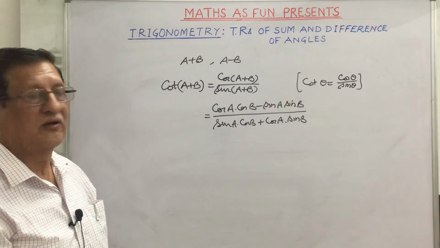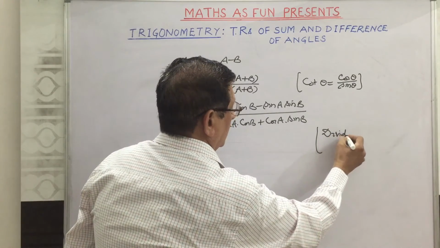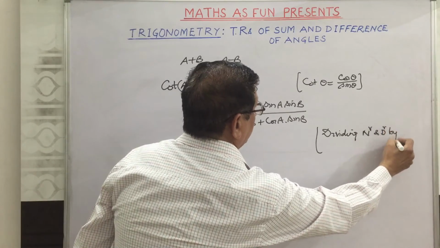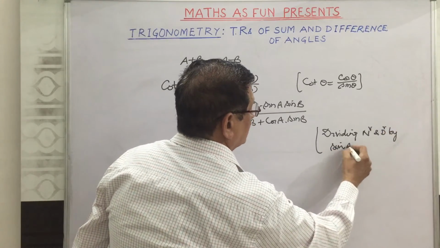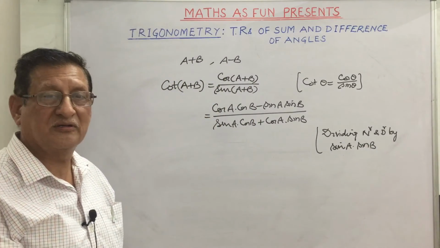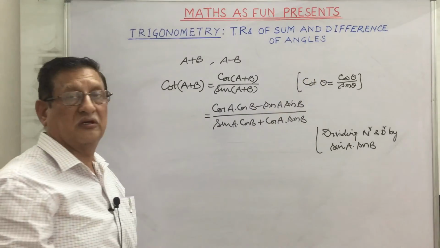And this time we will divide both numerator and denominator by sin A into sin B. And you can understand the reason here again, because we know cos theta upon sin theta is cot theta.